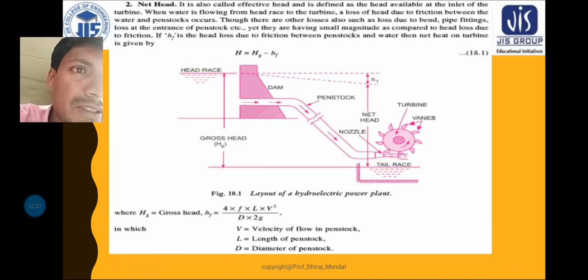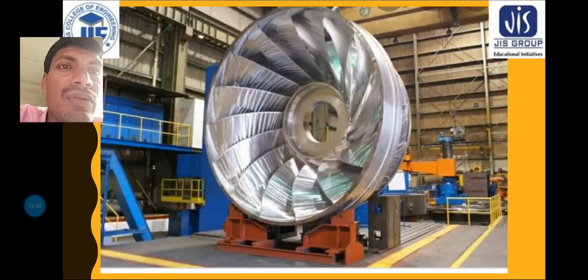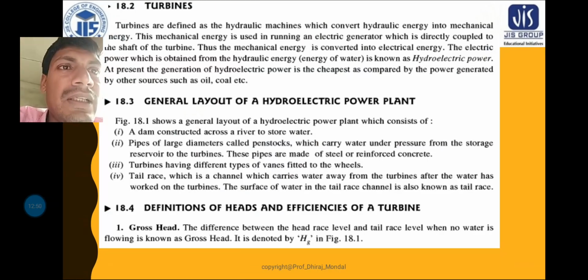Whatever water comes out of the nozzle and works on the turbine blade comes to the tail race. The difference between head race and tail race is called the gross head. Again, you can see this is the layout of the hydraulic power plant, and this is how it is operated.